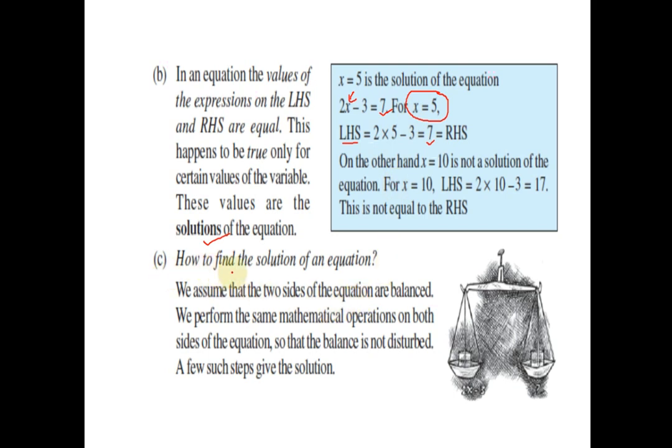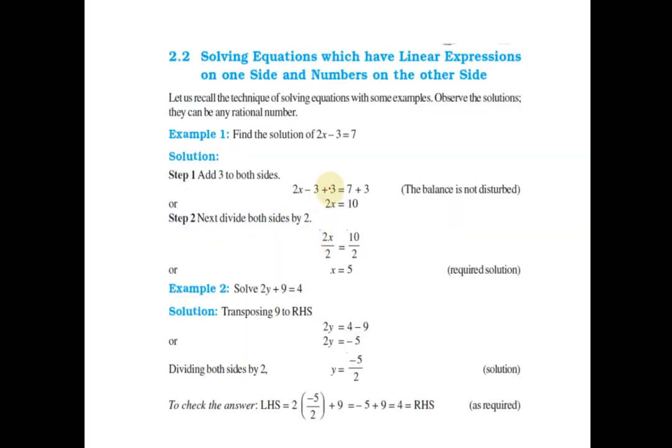So how to find the solution of an equation? We will perform mathematical operations to get the solution for a linear equation in one variable. Here is solving an equation which has a linear expression. Let's see this example.